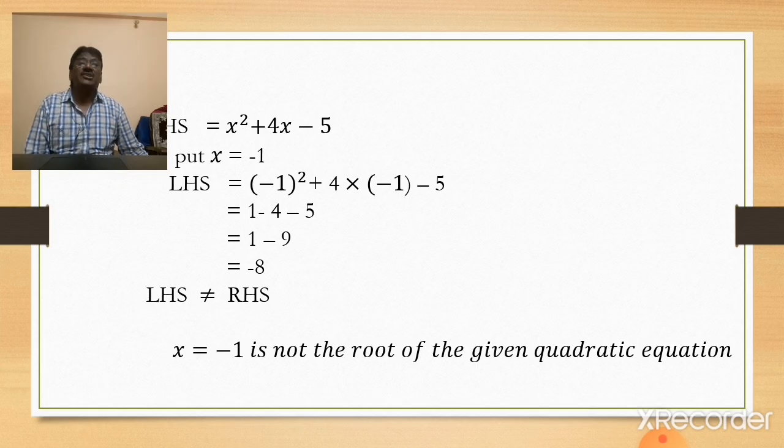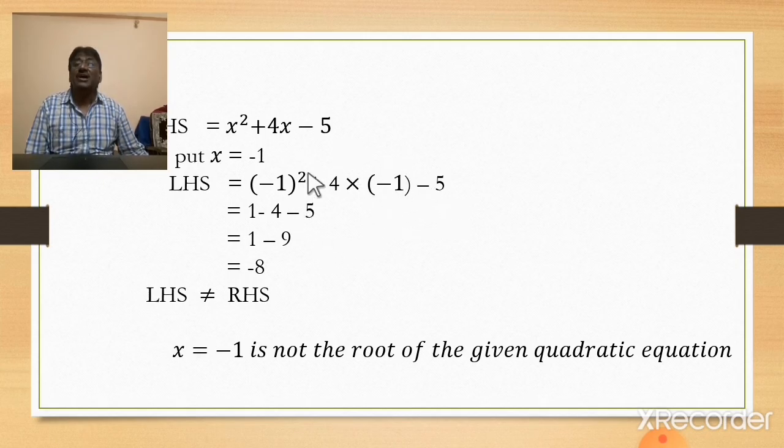So here we first take LHS equal to x square plus 4x minus 5, and now put x equal to minus 1. Then we get LHS equal to minus 1 square plus 4 into minus 1 and minus 5 as it is.